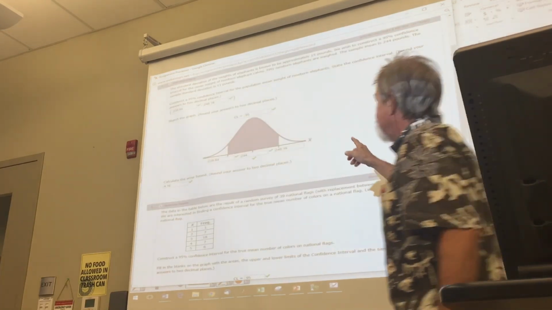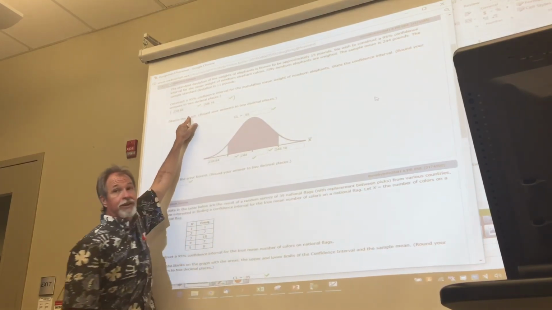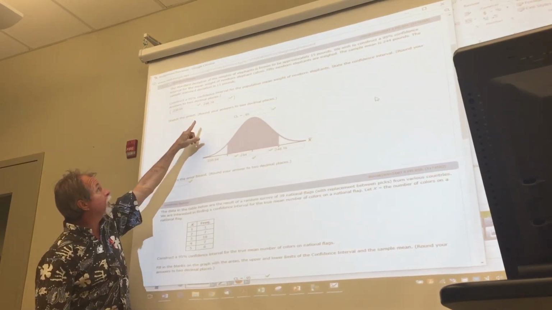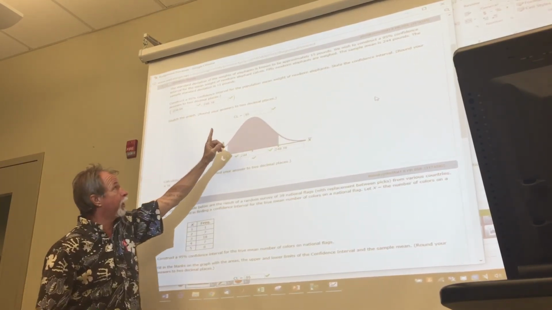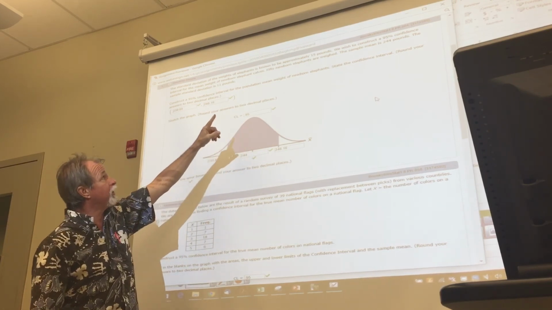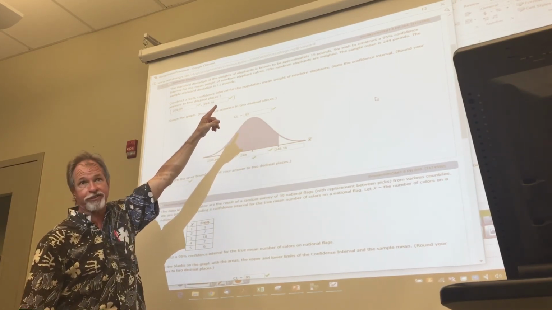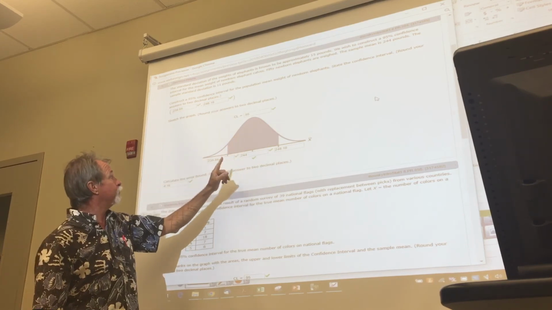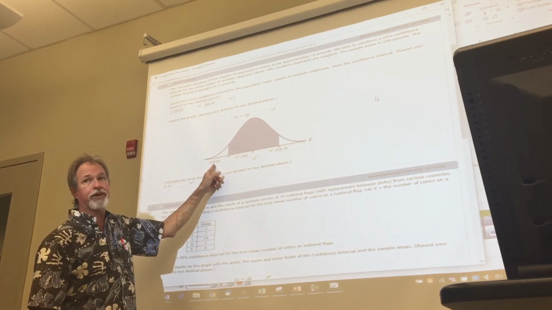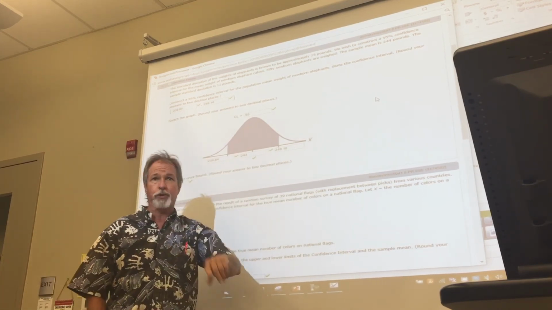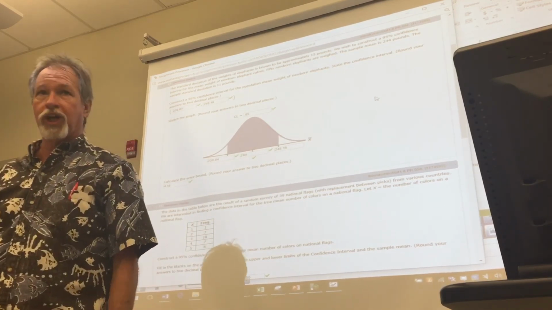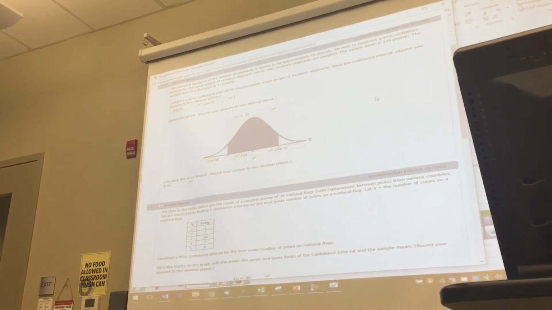And for this one, I am 95% confident that the mean weight of newborn elephants is between 239.84 and 248.16 pounds.